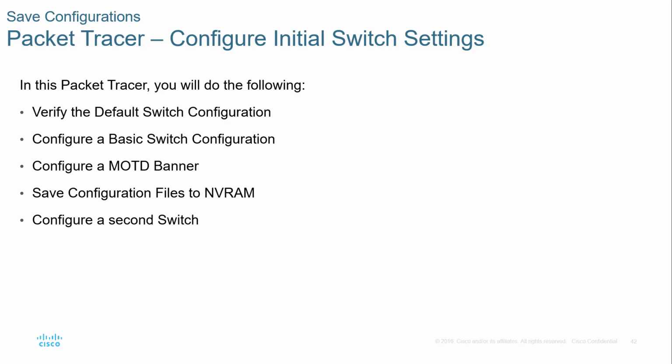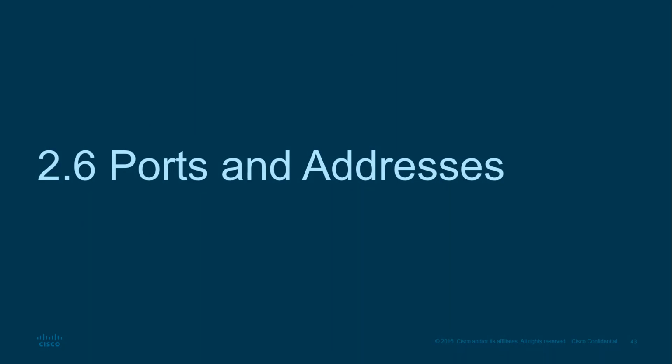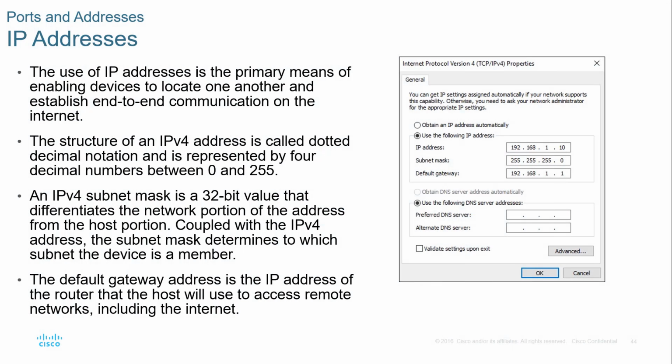and how to configure a switch. Moving on, we're going to talk about how to configure our end devices with ports and IP addresses. IP addresses are outside the scope of this video, so let's just assume we're given our IP addresses and we can issue them manually. If we're talking Windows 10, we'd go to our network configuration and we would use the following addresses, and you'd manually type in the addresses.